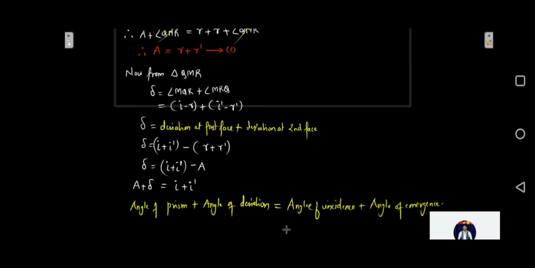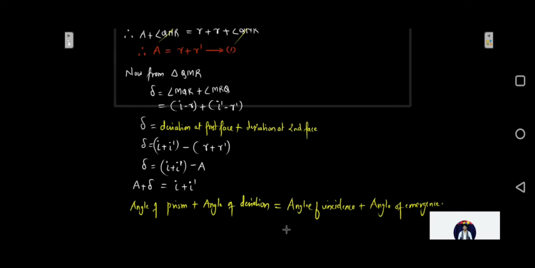So when a ray of light is refracted through a prism, the sum of the angle of incidence and the angle of emergence is equal to the sum of the angle of prism and the angle of deviation.